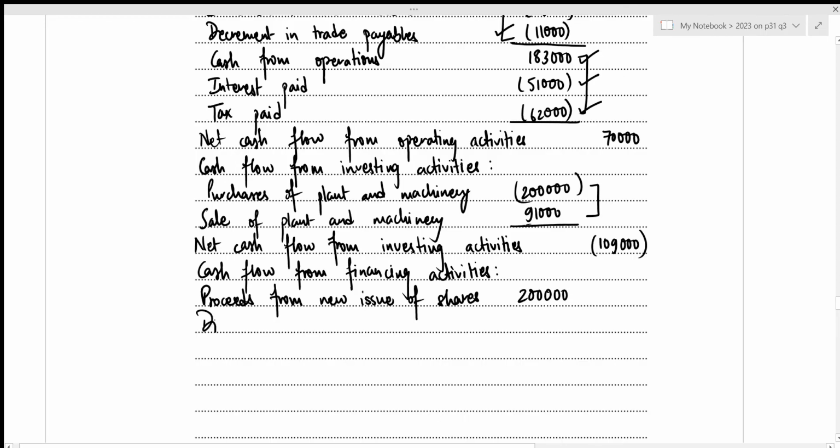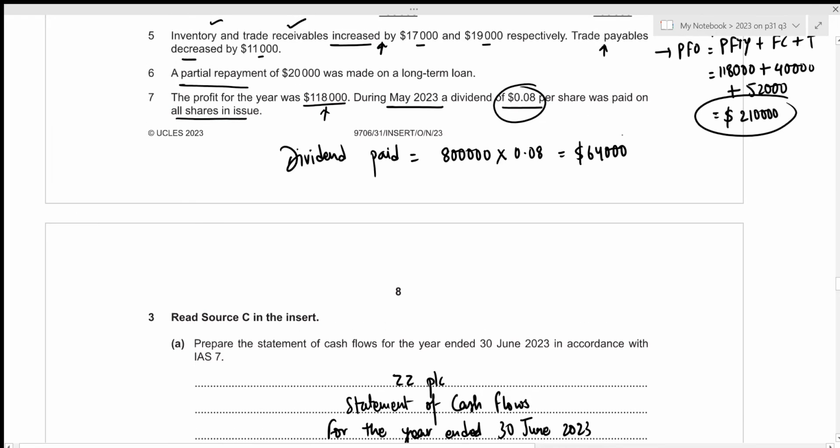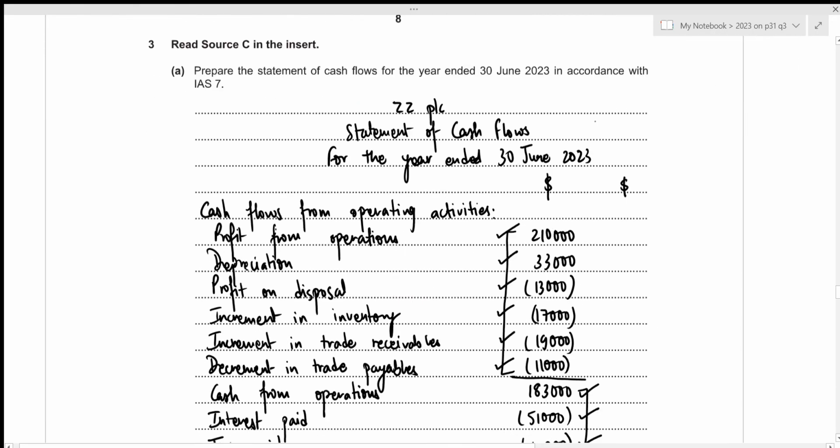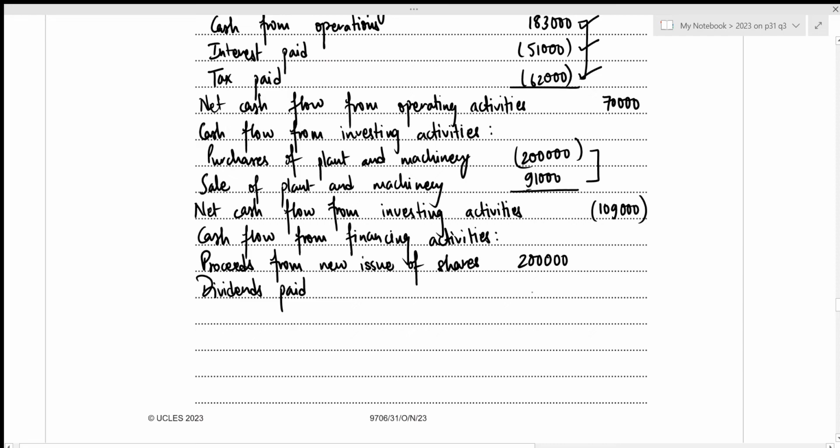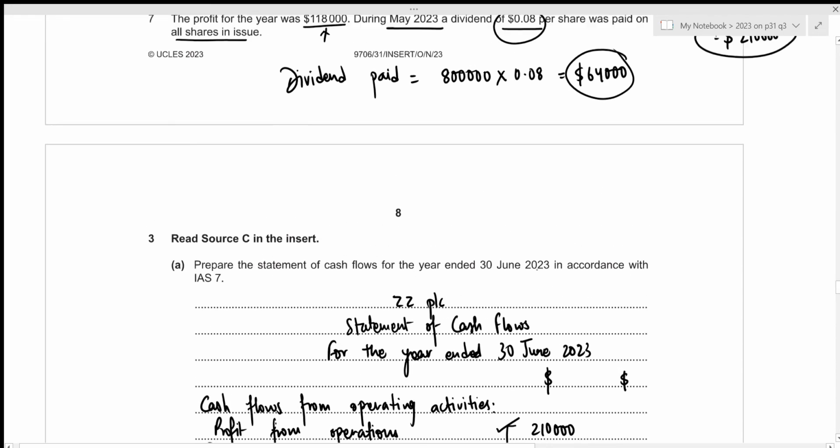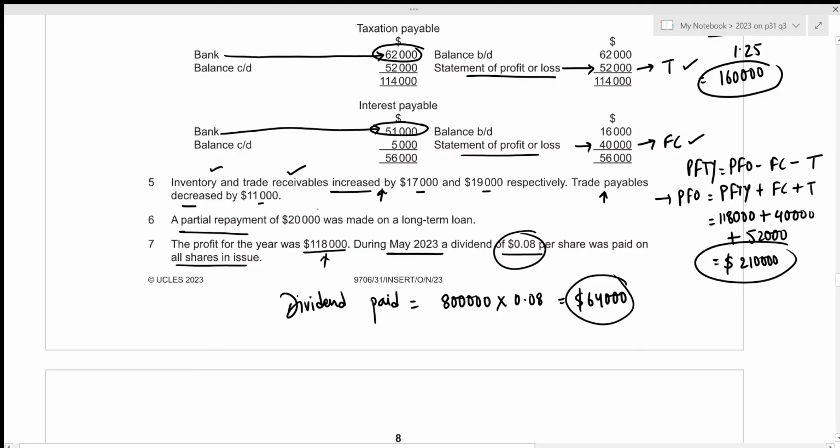Then we calculated the dividend paid. This will be a cash outflow. So we will have to subtract the 64,000. Then we were also given information regarding partial repayment. So partial repayment of 20,000 was made on a long-term loan.